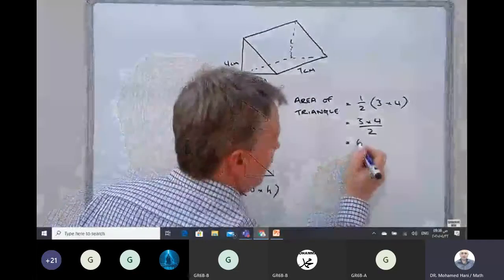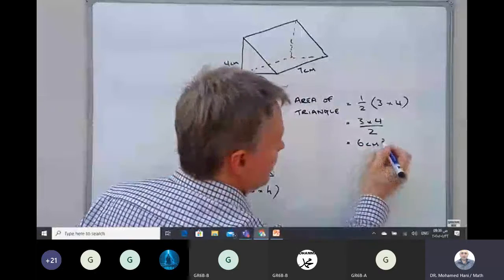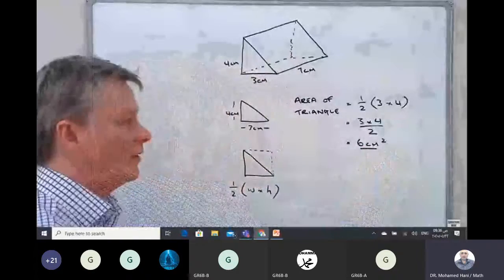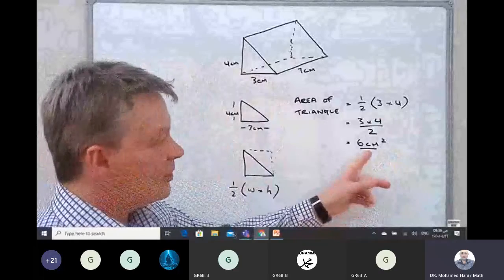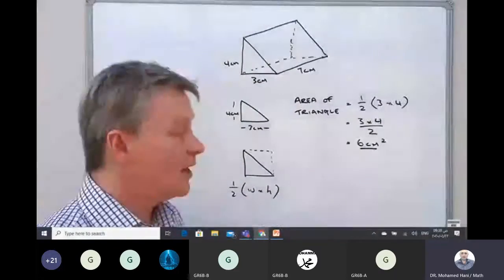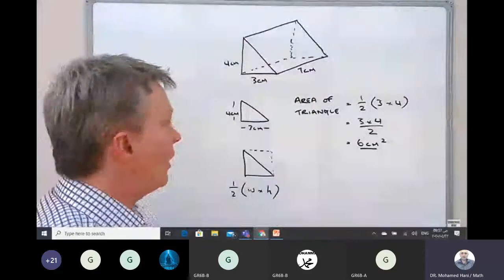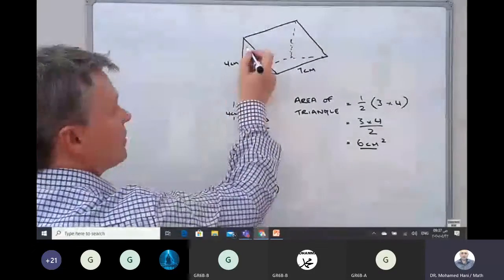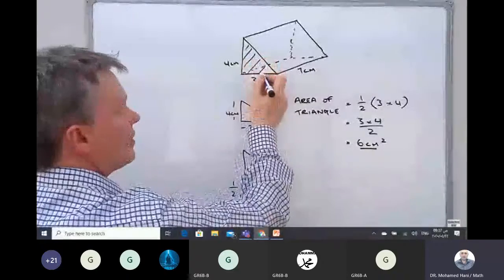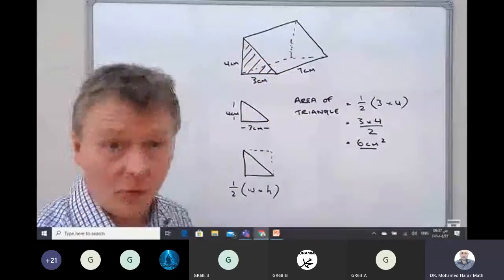So the area of the triangle is 6 centimetres squared. And it is important to make sure that as you're working through these, you quote the units each time. So the area of this piece here is 6 centimetres squared.